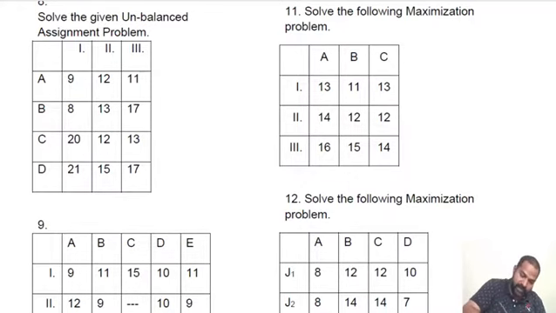The question says A, B, C, 1, 2, 3, 13, 14, 16, 11, 12, 15 and 13, 12, 14. And I am asked to solve the following maximization problem.